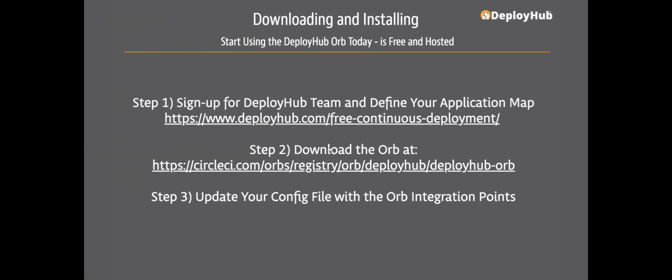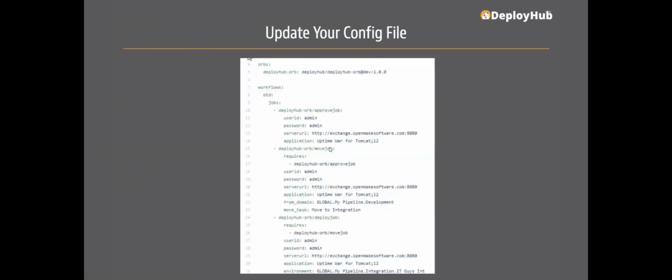Once you configure DeployHub, you can update your config file with the integration points. So Angel talked about what your configuration file looks like. You add into your configuration file the steps that you want DeployHub to do. This one's using an approve job, a move job, and a deploy job. In reality, the deploy job is the one that's most critical and the one that you would need to add.